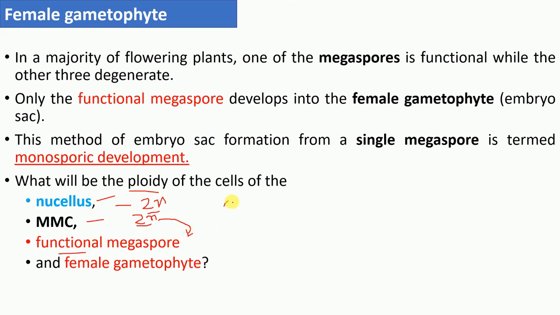Actually we had a tetrad of 4, so 3 of those 4 degenerate and one remains functional. That's the reason the functional megaspore is haploid. And from this functional megaspore, the whole female gametophyte, or embryo sac, develops. That's the reason the female gametophyte also has haploid nuclei, right?